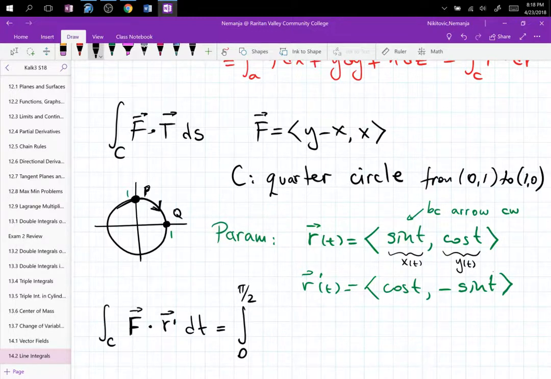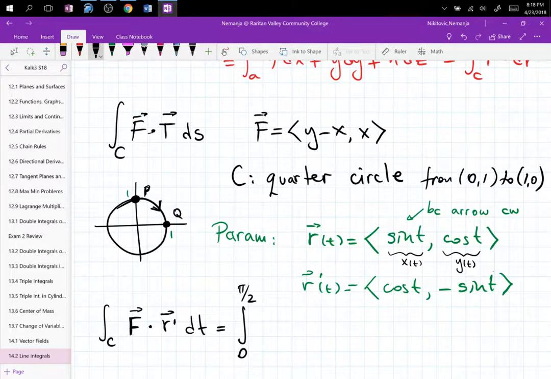And it's going to go down to Q, which is pi over 2 away. And that's because the arrow is this way. If the arrow was the other way, and you still had to go from P to Q, then the limits would be switched, which introduces the minus sign and so on. But we don't have to do that now.